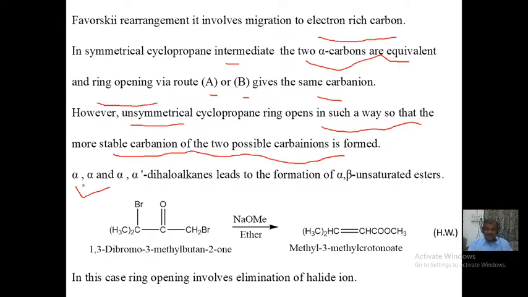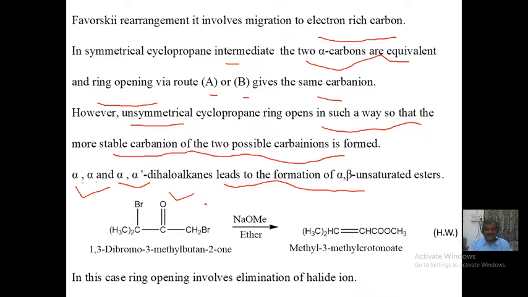What is this example and what is the homework? Alpha, alpha prime may be dihaloalkanes. Both these halogens are connected with the alpha carbon, possible. This example, an alpha alpha prime dihaloalkane, leads to formation of an alpha beta unsaturated ester, friend.